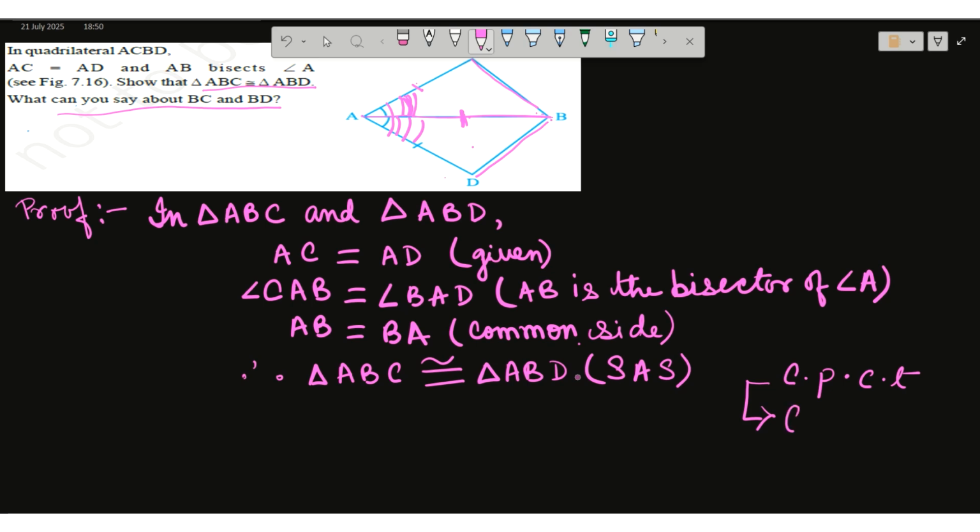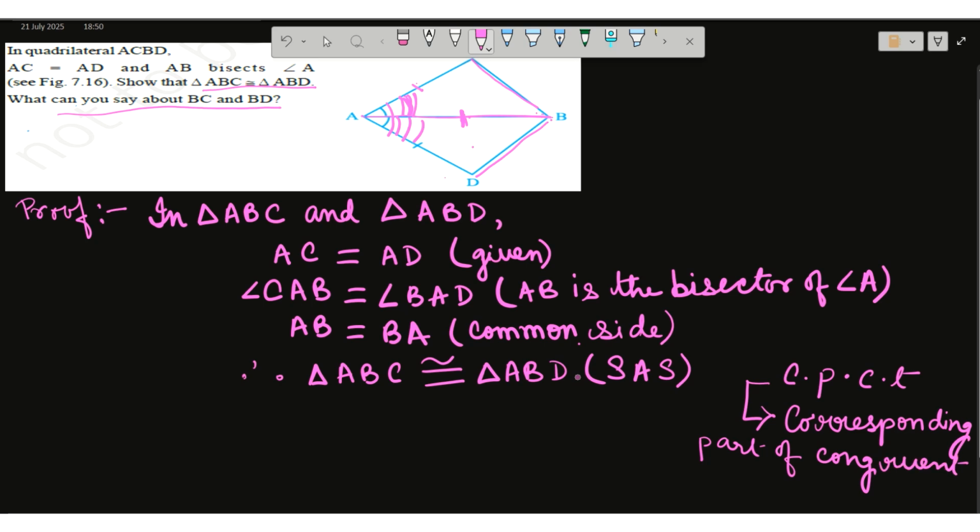CPCT means corresponding part of congruent triangle.